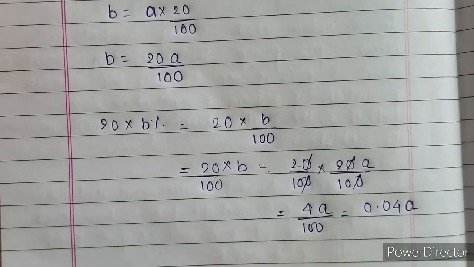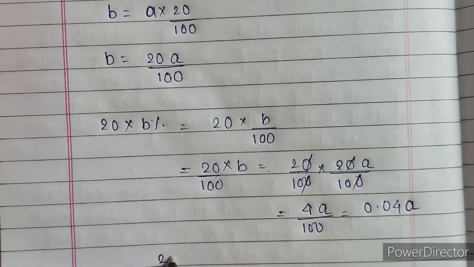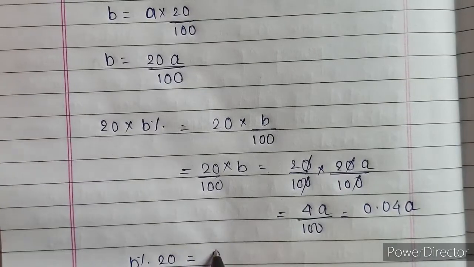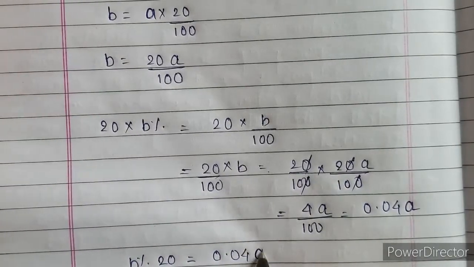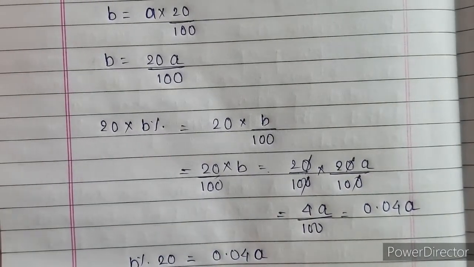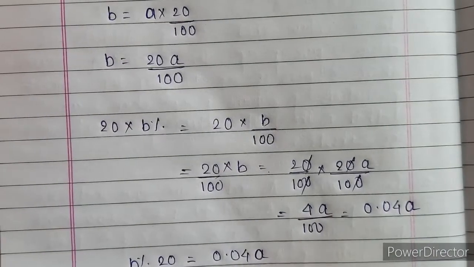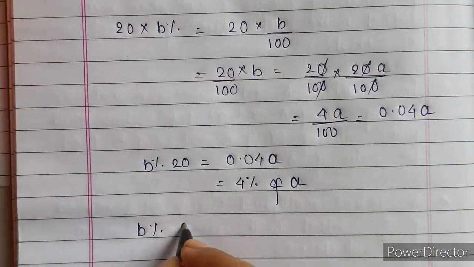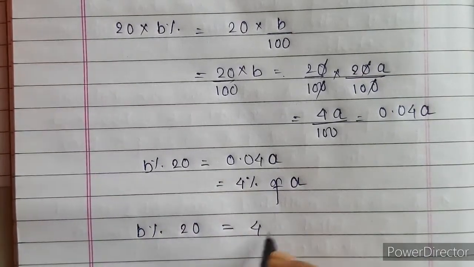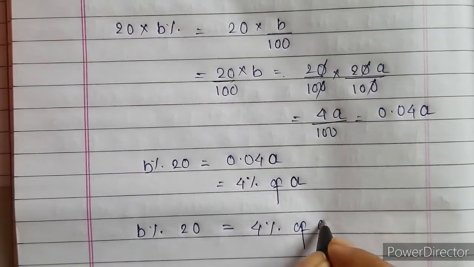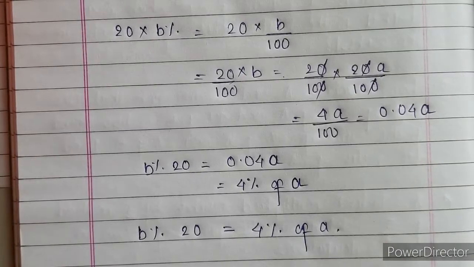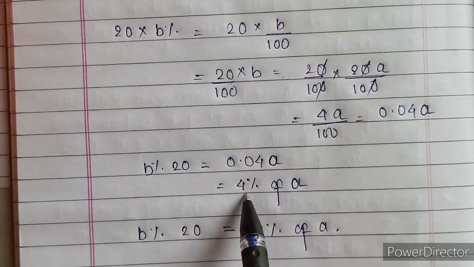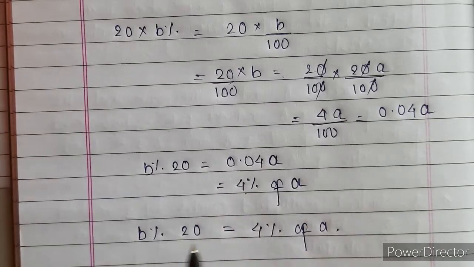Right? So what is 20% of B? Sorry, B percent of 20. B percent of 20 is 0.04 times A, or we can write this as 4% of A. So from here we can say that B percent of 20 is equal to 4% of A. What we have done is converted 0.04 into a percentage, that is, we are multiplying it by 100.